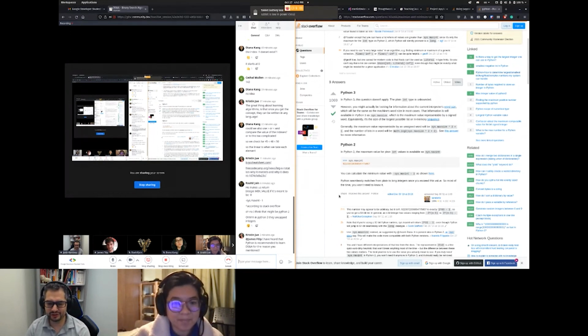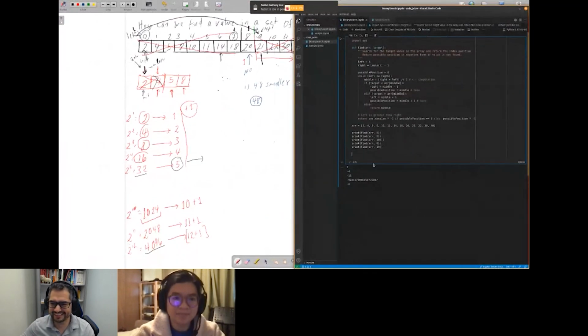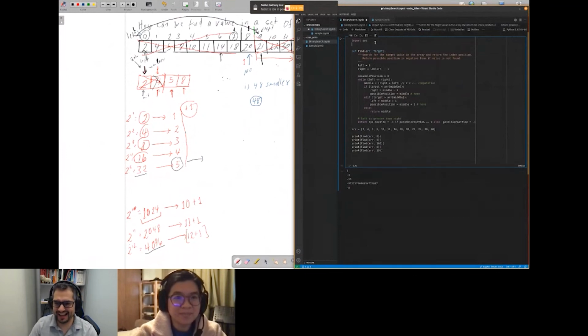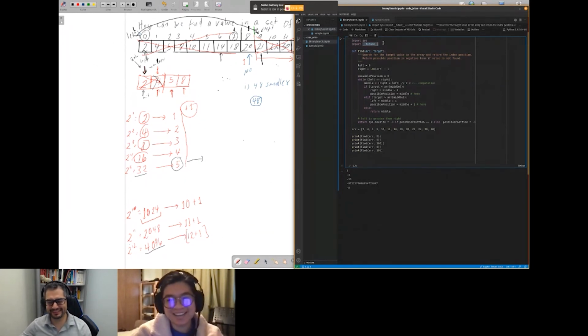You know how in Python 2, sometimes you do import future? I always laugh when I saw this, import from the future. That's so funny. That's like time travel. Yeah, time travel.